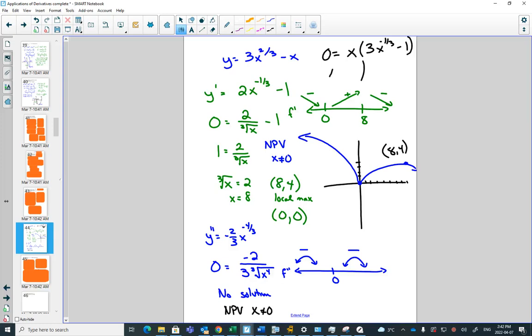Could you solve this? Well, we got x equals 0. That's the one we already knew. On the other side, we would have 3 over the cube root of x is equal to 1. And so x has to be 27. And so you would have another x-intercept way over at 27.